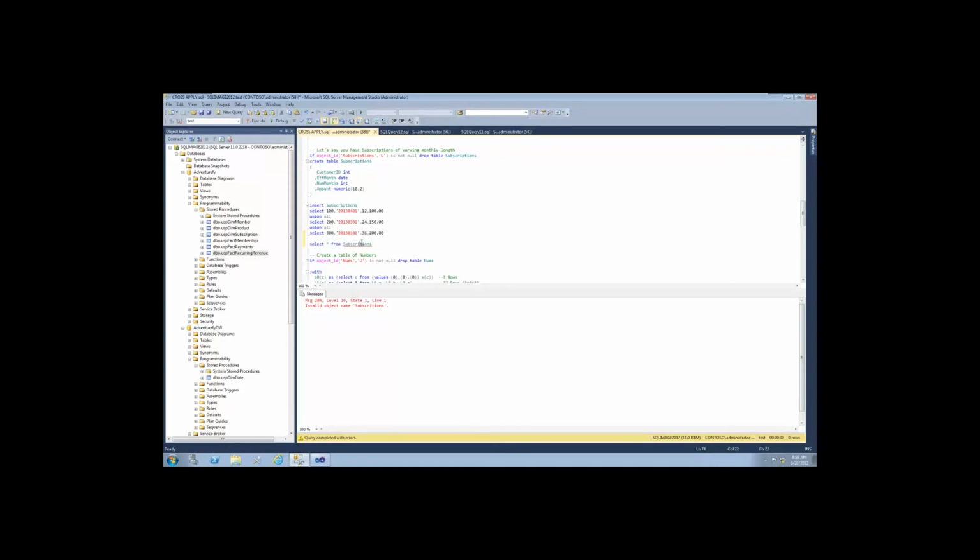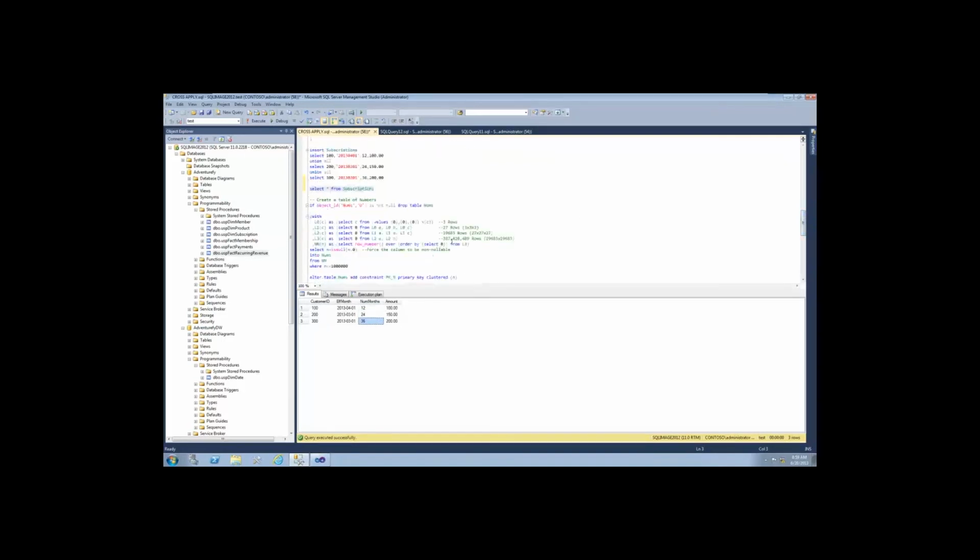Oh, sorry, I misspelled. Okay, so I've got a similar type table, but this time I have a varying number of months.